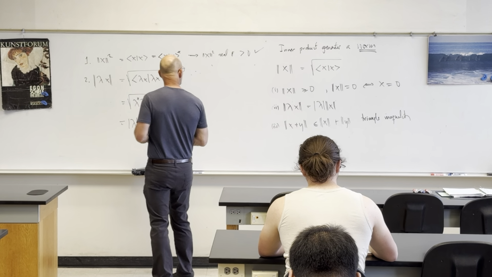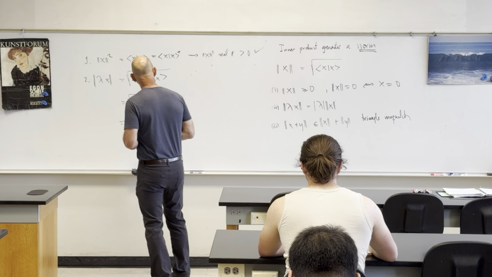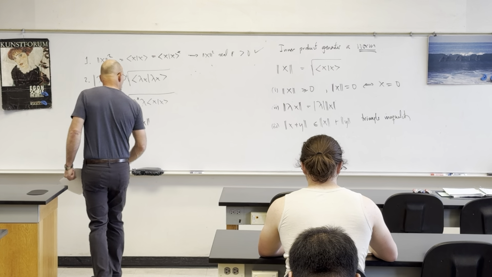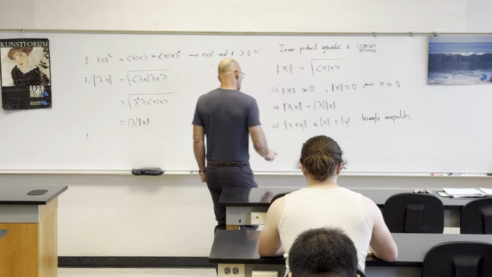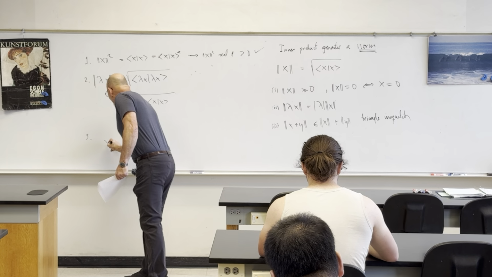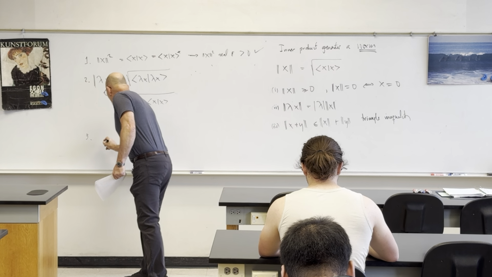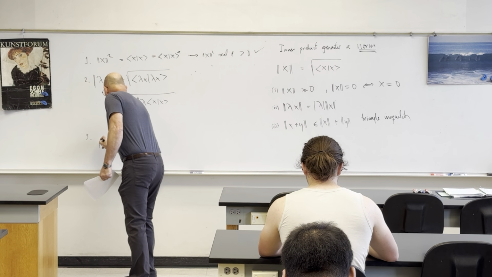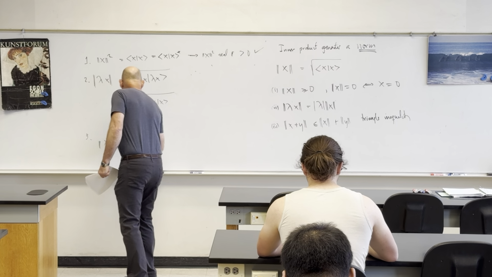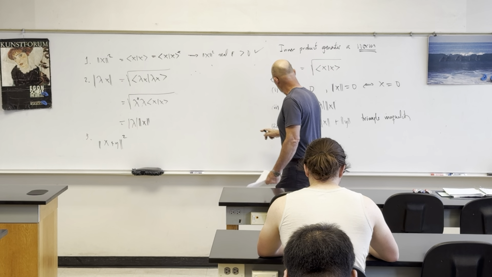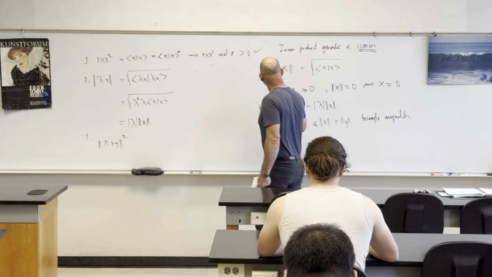So we just use the property of the scalar product for this. Now the last one takes a little bit more doing to get it started. So the triangle inequality, this one's interesting. Let's go ahead and just start with the left side. But we're just going to square both sides. If it holds true for the squared, it holds true for this, and that gets rid of that square root.